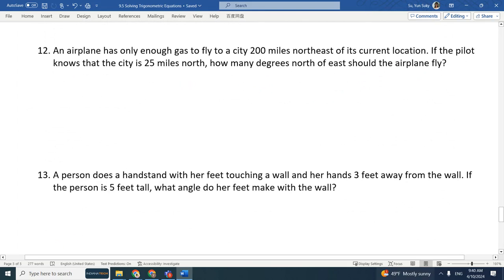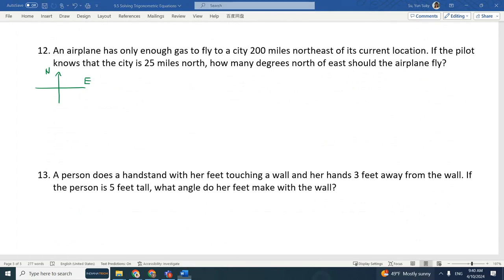An airplane has only enough gas to fly to a city 200 miles northeast of its current location. So this is north and that is east. Northeast of its current location. If the pilots know the city is 25 miles north, how many degrees north of east should the airplane fly?